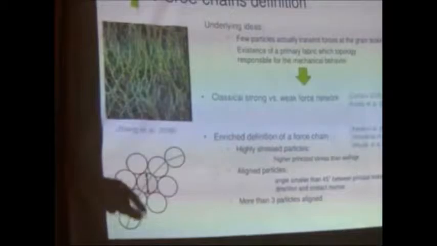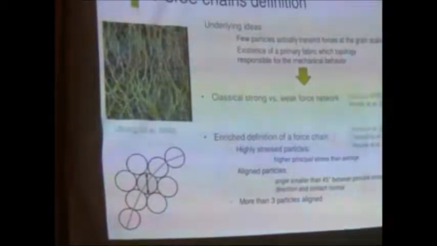And with this mean stress, you can define the principal direction of compression that is illustrated on this figure by the arrow. So chain particles should have a principal stress higher than the average principal stress in the granular medium.